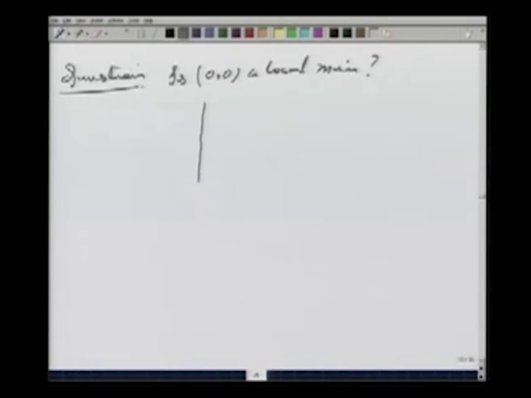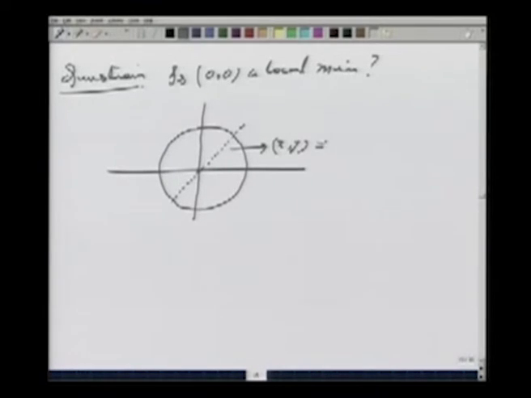Well, the point is this. Let me draw a bigger picture. Suppose I look at a disk around (0, 0). Then I look at all the points on this dotted line. Then I have checked that if (x, y) is here, this implies f(x, y) is bigger than or equal to f(0, 0).